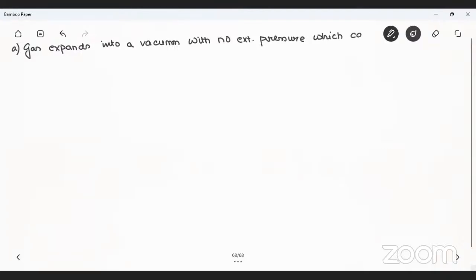First is free expansion. Free expansion means gas expands into a vacuum with no external pressure which can oppose the expansion.